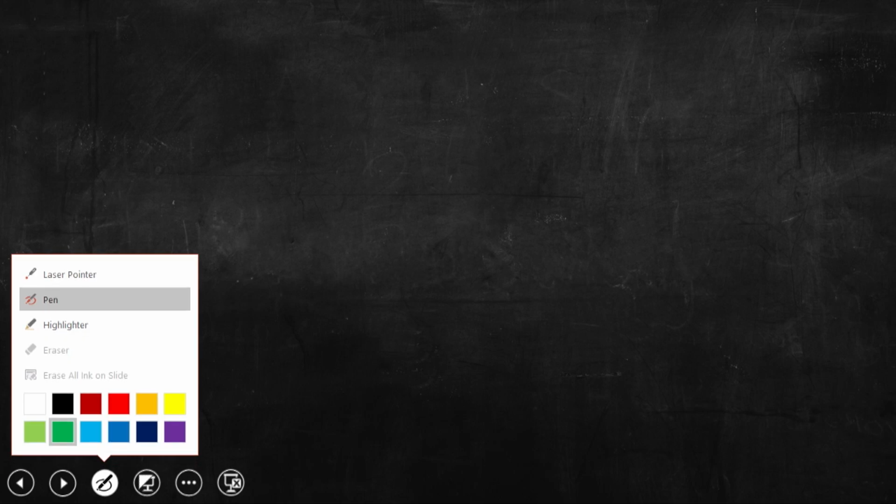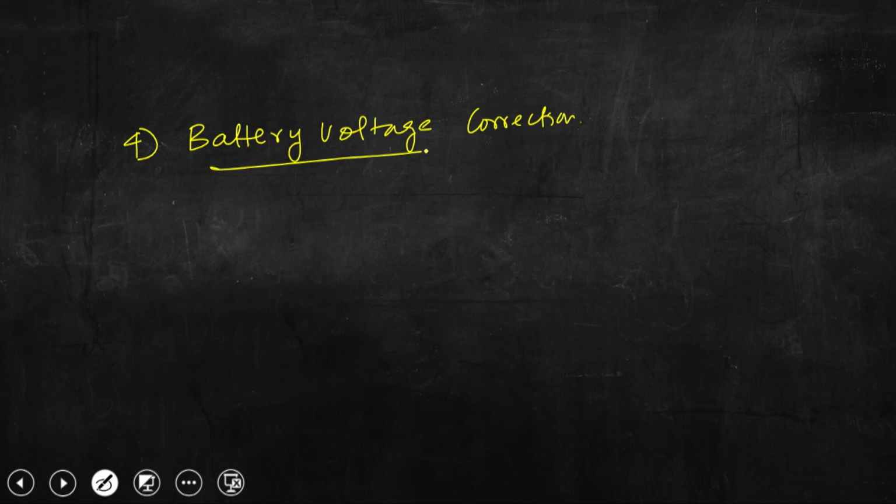So, the final one is the battery voltage correction. This is called battery voltage correction. Why is this important?